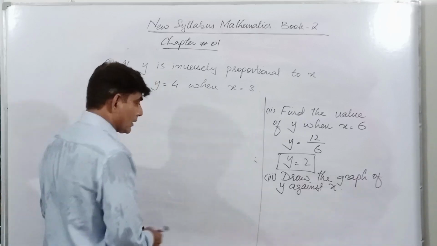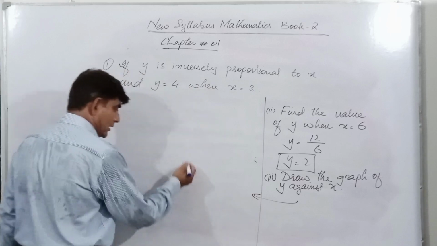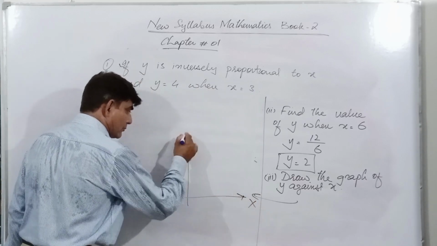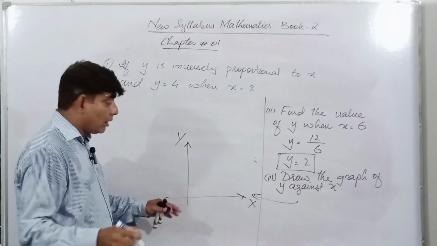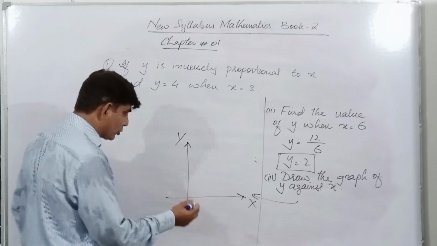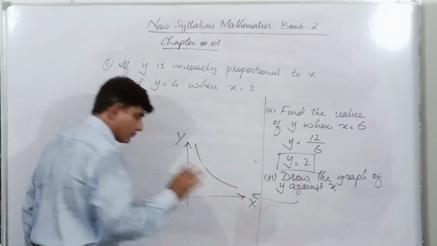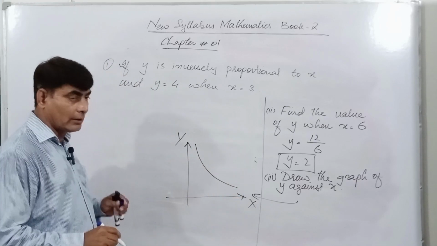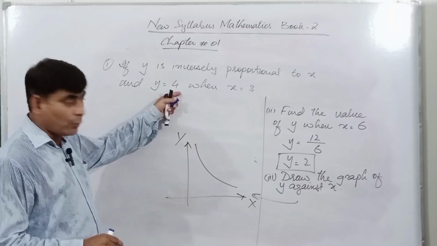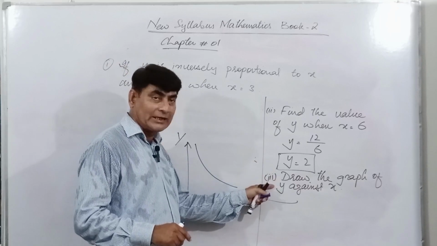Now listen. What would be the answer? Just draw two axes. This is x, this is y, and do not try to take accurate values. Just draw this type of curve like this. Now listen, we are given two sets of information. One is given over here, one we have solved to make it complete.